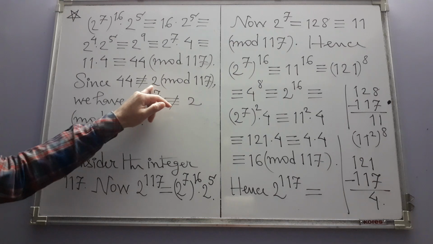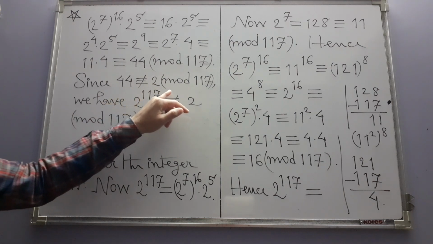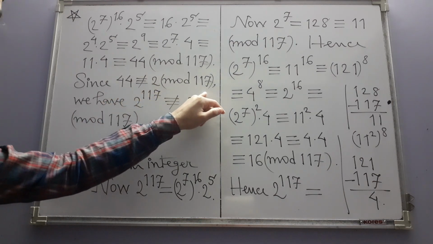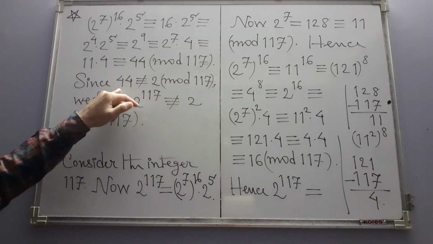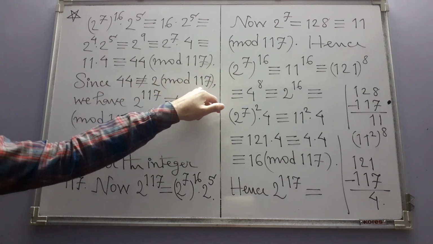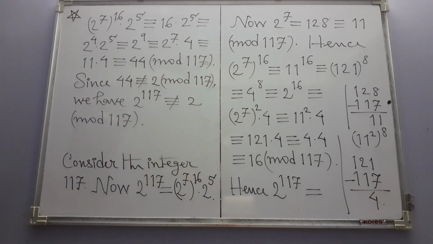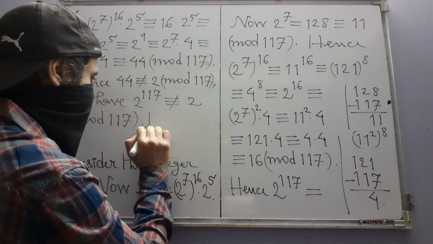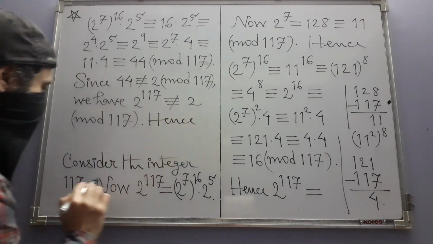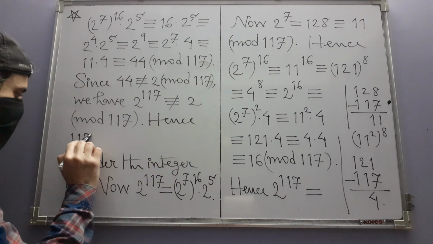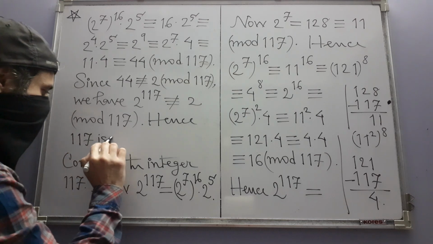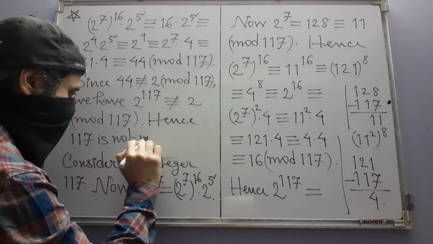This is not congruent to 2 because the difference is 42. That of course is not divisible by 117. 42 is positive and less than 117, how can it be divisible? Hence, 117 is not prime.